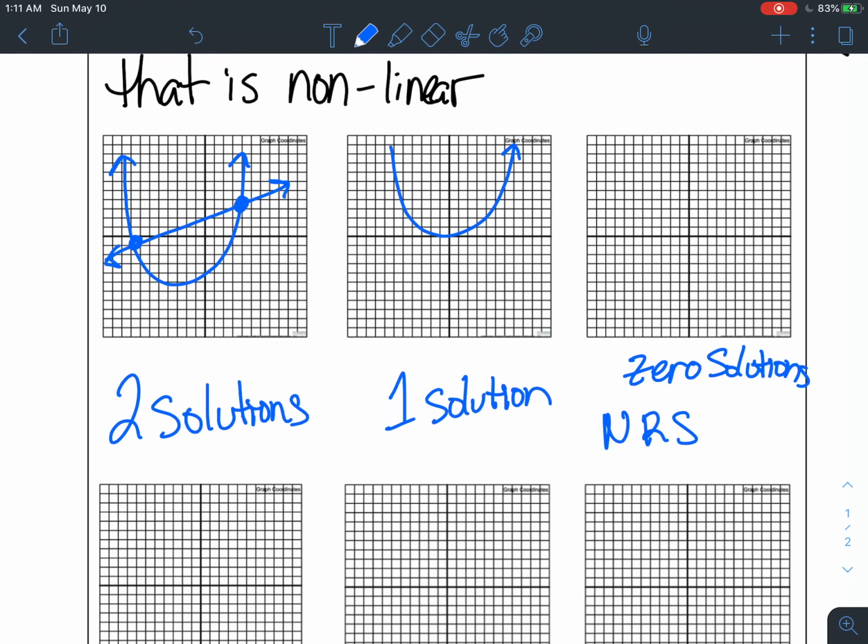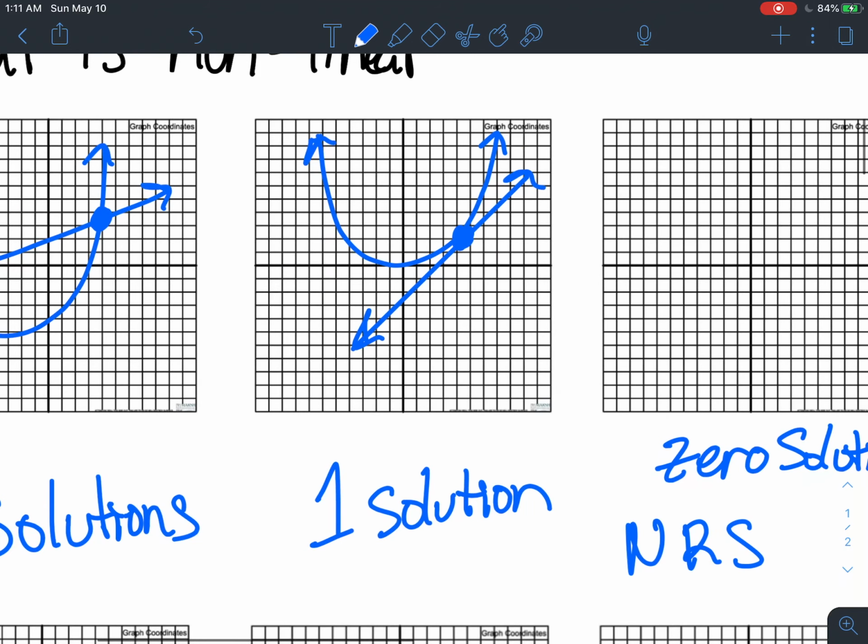You could also have it where there's your parabola, and then let's draw something that actually intersects right there. Sure, we'll just draw a nice big fat point. It is possible. I just didn't feel like zooming in.